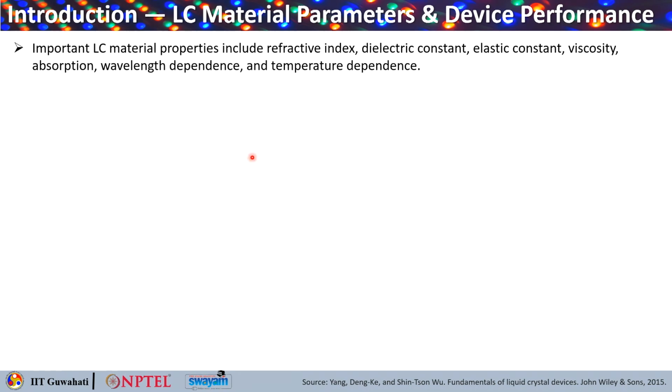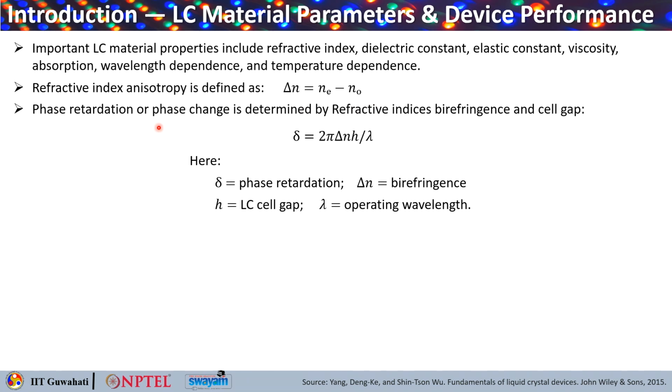Now, the important liquid crystal material parameters include the refractive index, dielectric constant, elastic constant, viscosity, absorption, wavelength dependence, and also the temperature dependence. And already I mentioned that the refractive index anisotropy is defined as delta n, which is basically ne minus no, and the phase retardation or the phase change can be determined by the birefringence, that is delta n, and the cell gap, that is d.